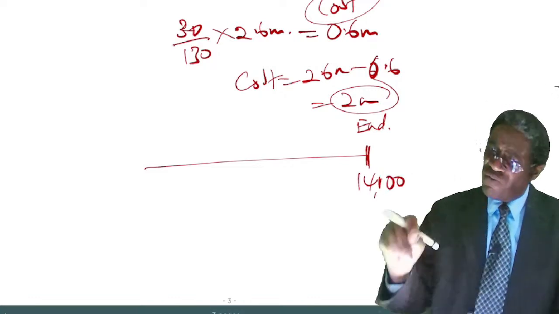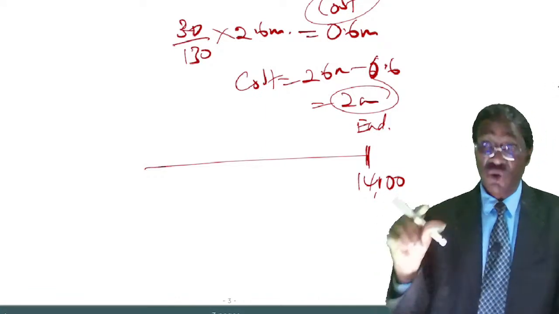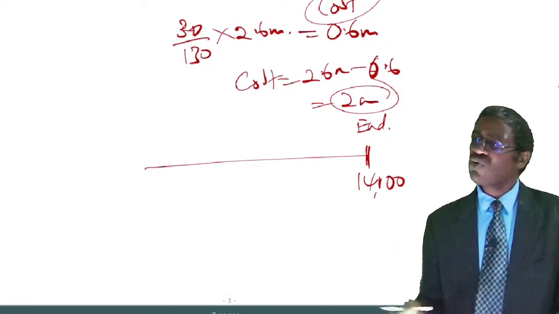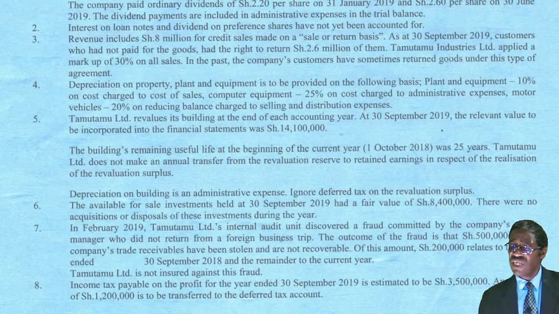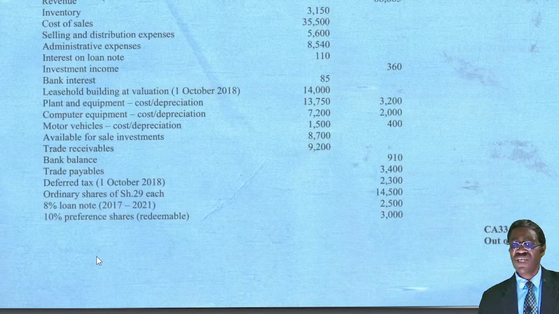So it is obvious that by the end of the year, you will need to determine the gain or loss on revaluation. That's obvious. But when you look at the trial balance, we were not given the value at the end of the year. Let me roll the question. This building, we were given the values by the beginning.